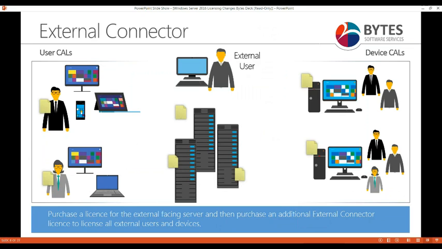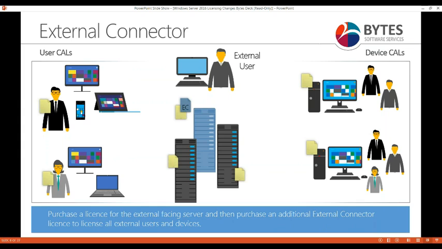Moving on to external connectors, so here we've got our user CALs for internal and device CALs again could be internal. For non-employees, so external users, to allow access to these servers we need to apply external connector licenses. So here we have a single server and we need to allow external users access to that server.